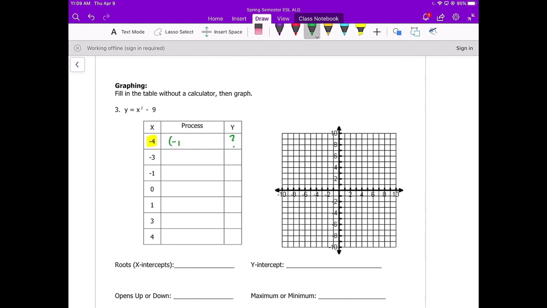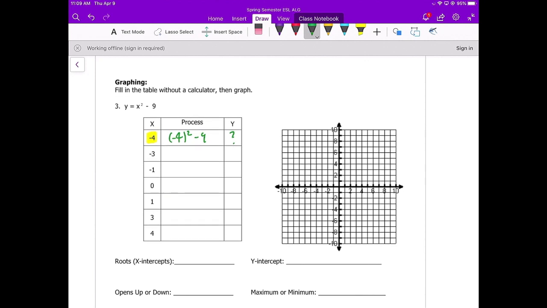Let's plug that in. Negative 4 squared minus 9. I'm using this equation, by the way. So that's negative 4 squared minus 9. Negative 4 squared is positive 16, and 16 take away 9 is 7. Next one will be negative 3 squared minus 9.